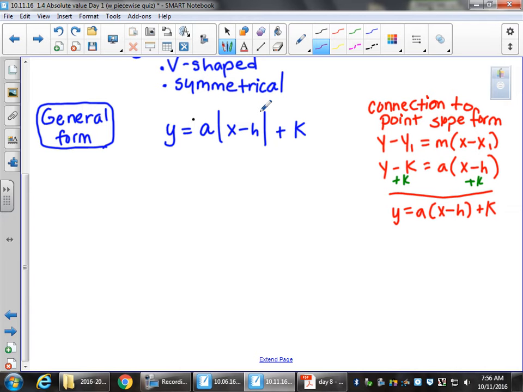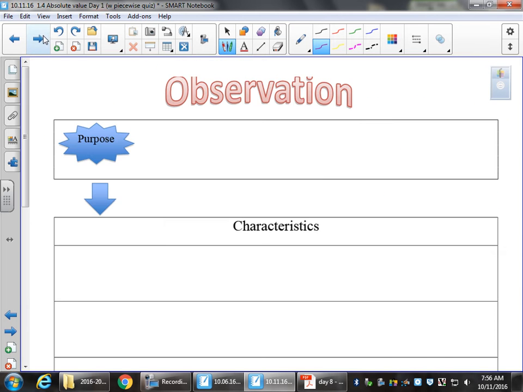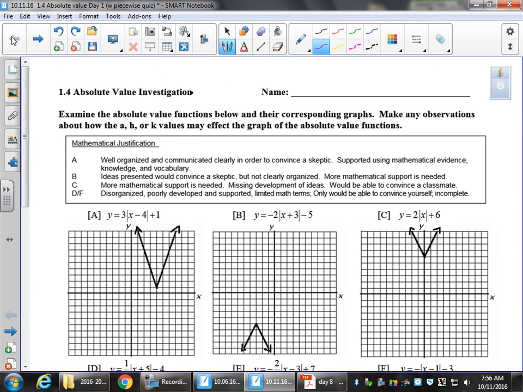You're welcome. So we're going to pause from these notes for a second to work on our investigation. Notice the directions at the top. Examine the absolute value functions below and their corresponding graphs. So what that means is that graph A and the graph right beneath it, they go together.